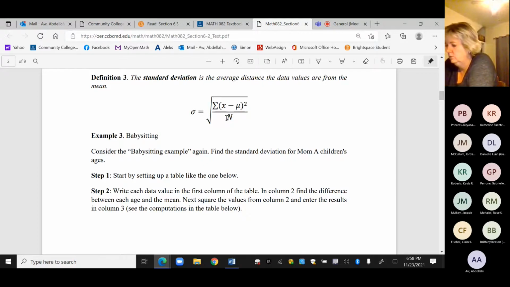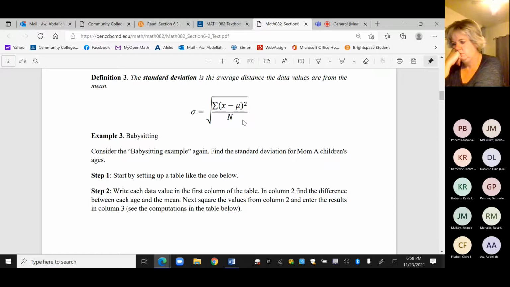But since we have to follow the textbook, they didn't even talk about population or sample. If we go to another class, don't be surprised if instead of dividing by 5, they divide by 4. We're going to follow the textbook. The textbook says divide by n.